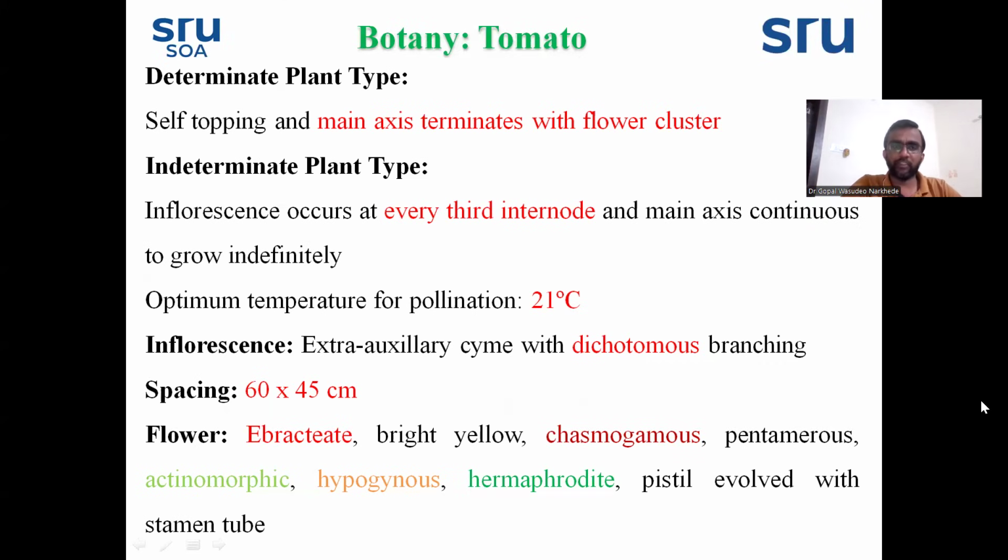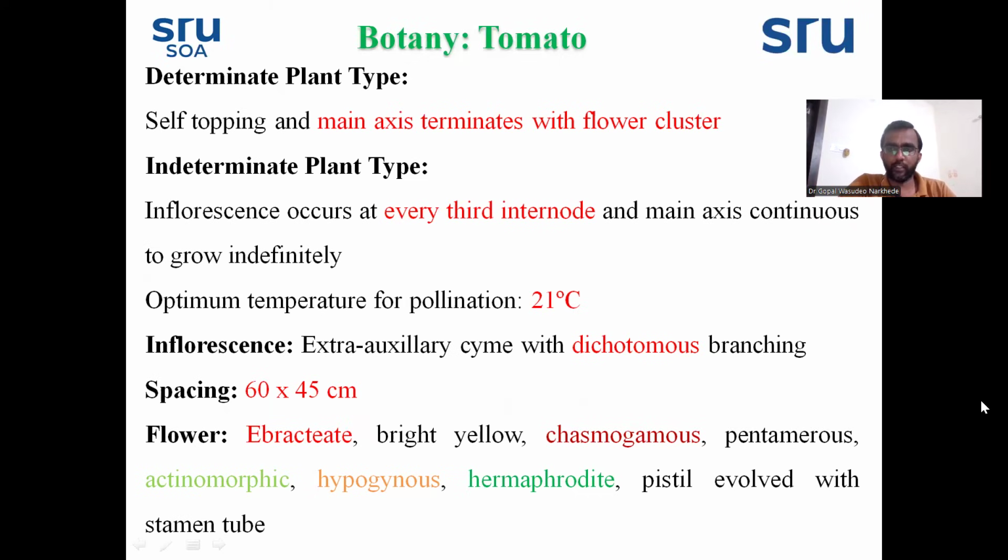So optimum temperature for pollination is 21 degrees. 60 by 45 centimeter spacing. So the flower is ebracteate, bright yellow, chasmogamous. So what is meant by chasmogamous? Pollination occurs in closed flower, so flower opens after pollination.